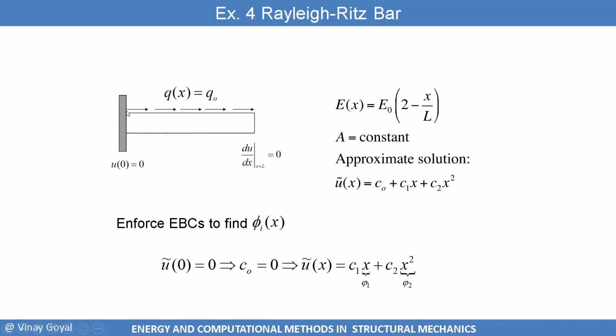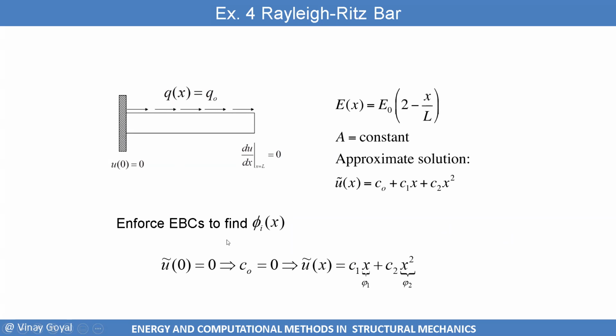The modulus here is varying from the left to the right, according to this equation. There is a load applied that's like that, and clearly I'm clamping on the left hand side, so you can enforce the essential boundary condition.